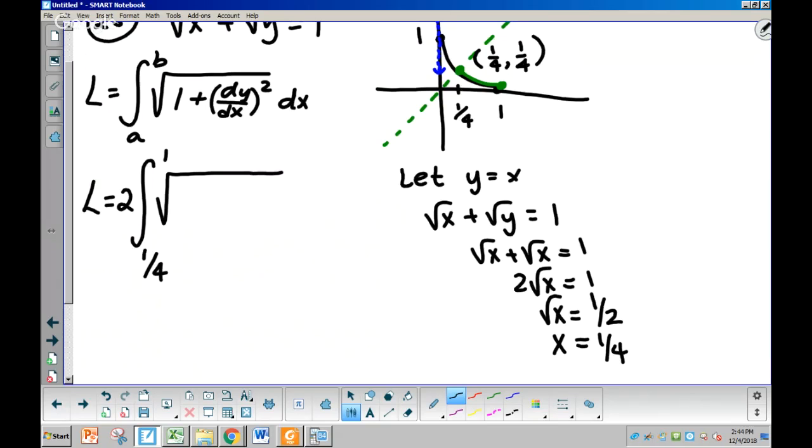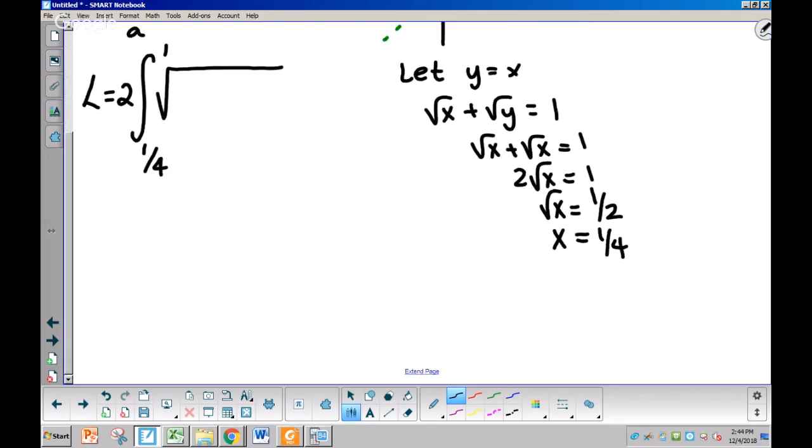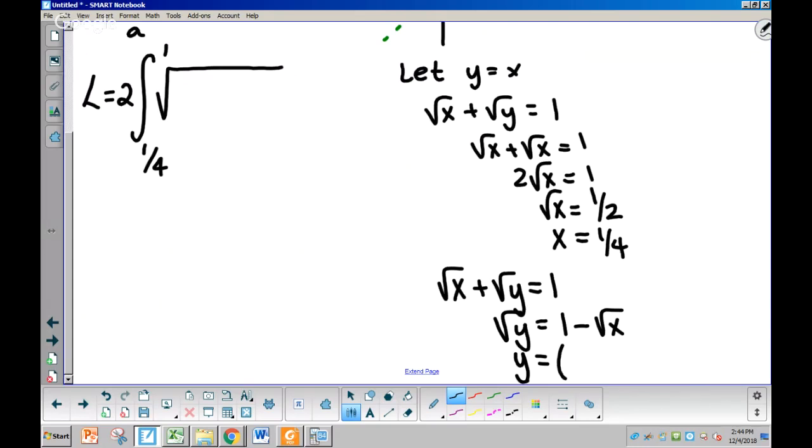I have root x plus root y equals 1. 1 minus root x equals root y. So root y equals 1 minus root x. What does y equal? 1 minus, well, no, I'm squaring, right? 1 minus, oh crap.